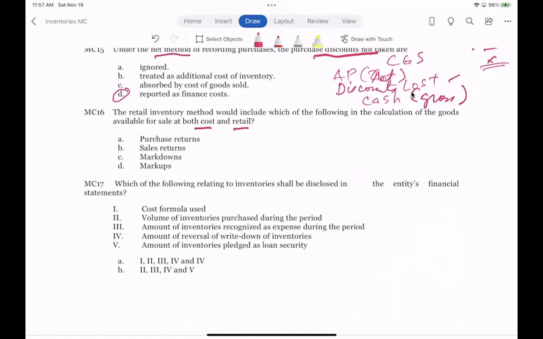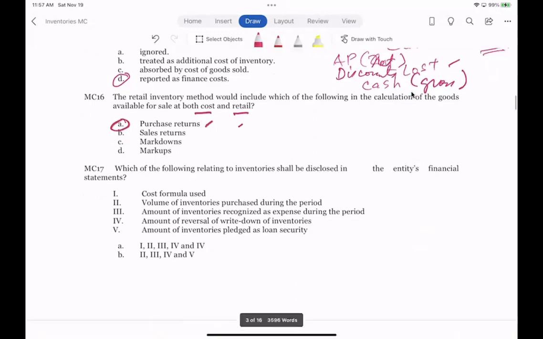So for purchase returns that involve physical flow of goods, both your goods available for sale at cost and goods available for sale at retail must be reduced accordingly. Therefore, it's letter A. Sales returns would affect only the retail. Markdowns and markups also affect only the retail.